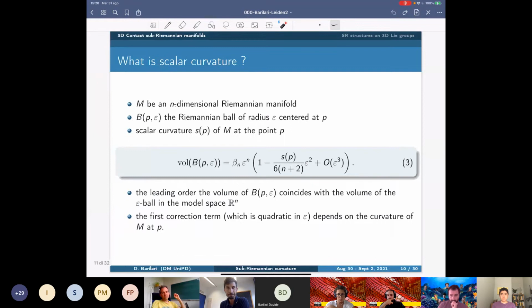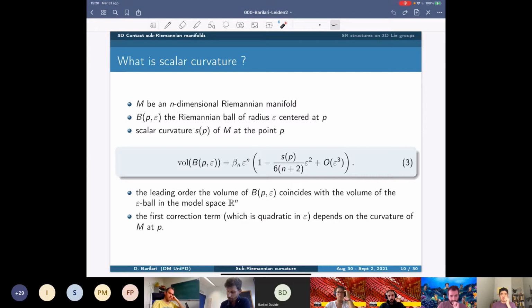Very good. So what is scalar curvature? What is a possible way of understanding scalar curvature? In Riemannian geometry, of course, we have a definition as a trace of some tensor, but what one can do is to look at the volume of small balls around a point.